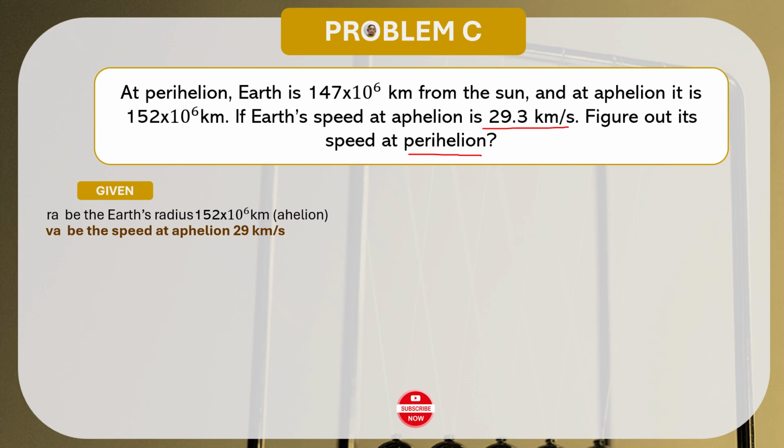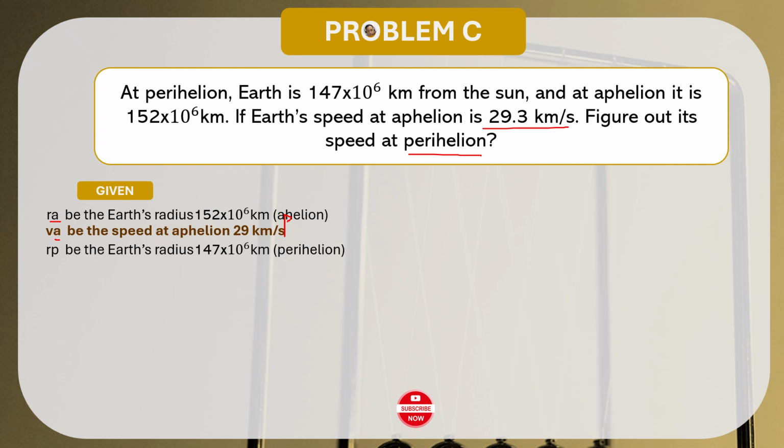So let's have our givens. RA stands for radius at aphelion. So you have A here for aphelion. I forgot to put the letter P in perihelion. And we have velocity at aphelion. A is not acceleration here, it's aphelion.